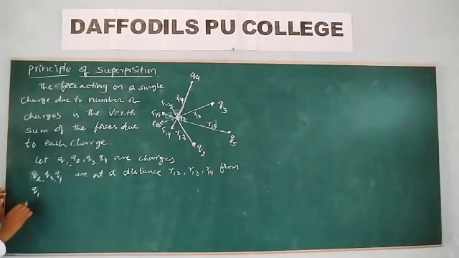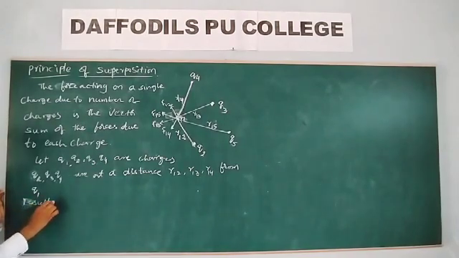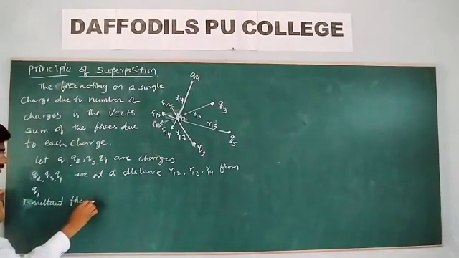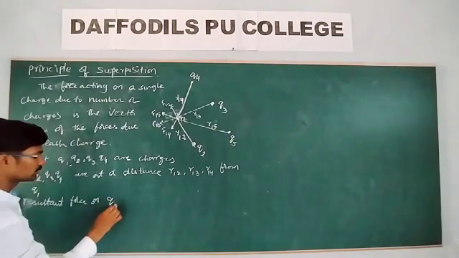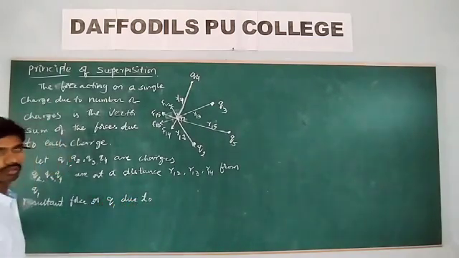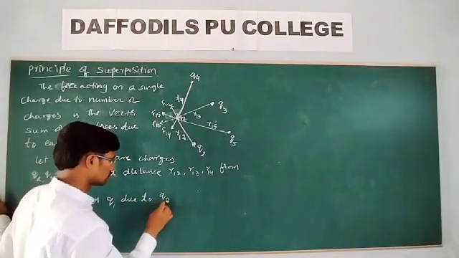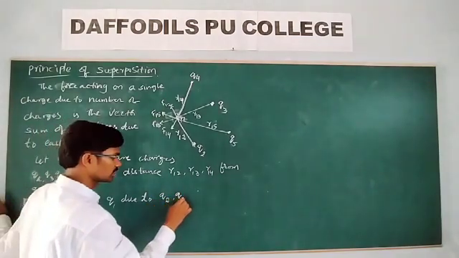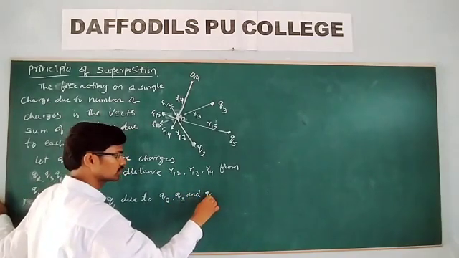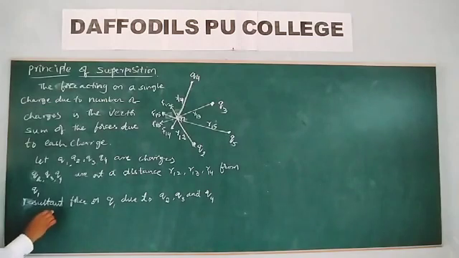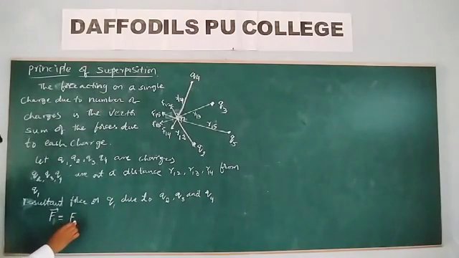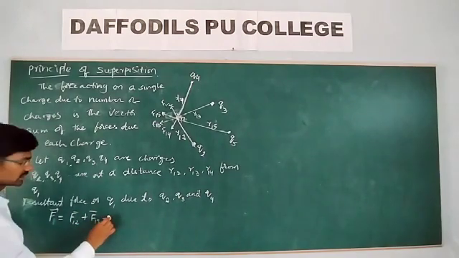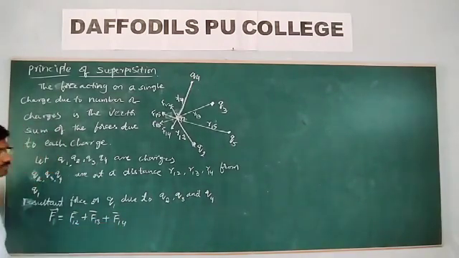Force due to multiple charges. Then the resultant force on Q1 due to Q2, Q3 and Q4 is nothing but F resultant equals F12 bar plus F13 bar plus F14 bar.